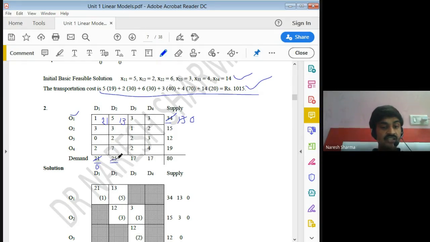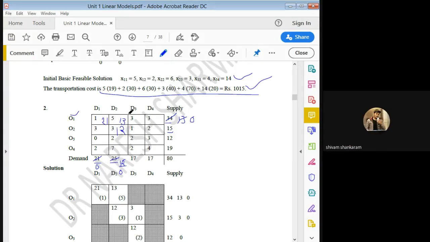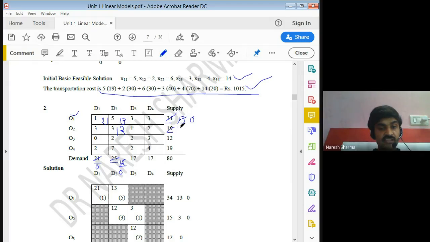Now you decrease this by 13, you're left with 12. So now for this, go downward. See here, it is 15 units. So you decrease this 12 to 0 after allocating here. So we allocate here 12 units.